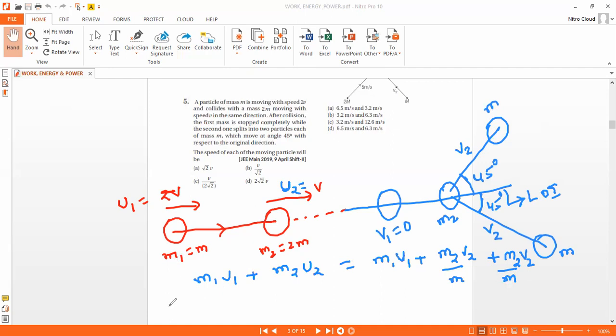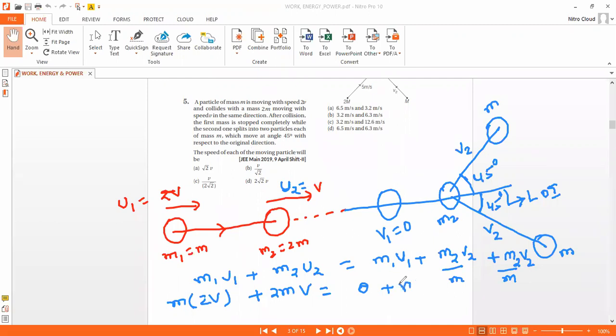Initially, m times 2v plus 2mv. After collision, the velocity becomes 0 plus m.